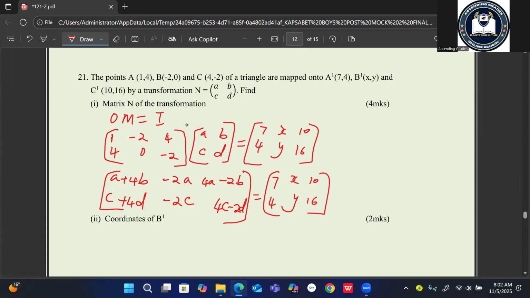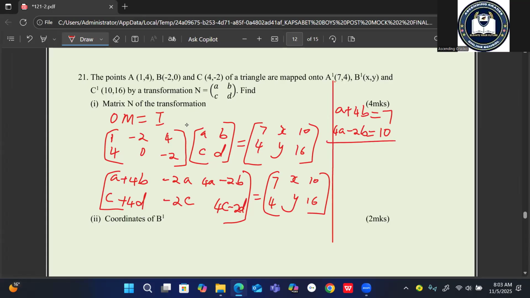So therefore, we have to equate them where necessary. So A plus 4B is equal to 7, and 4A minus 2B is equal to 10.